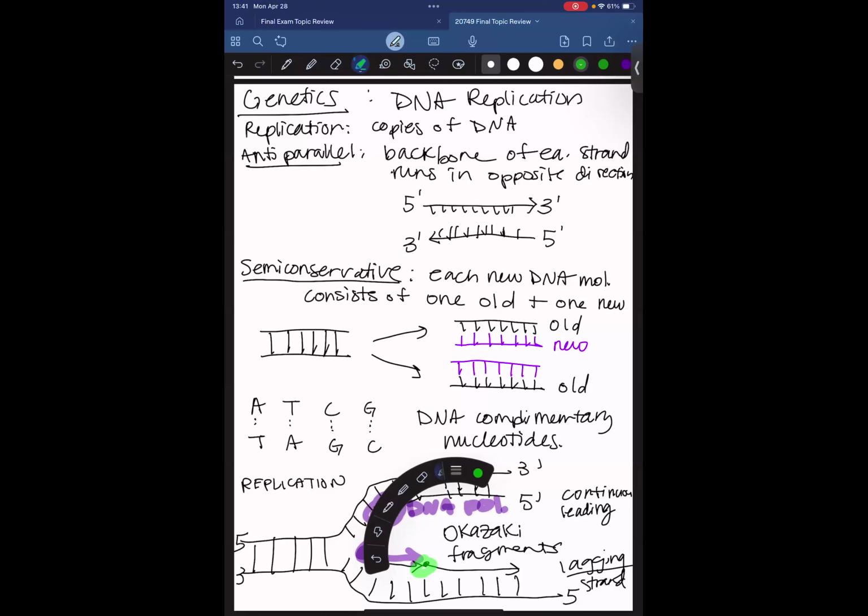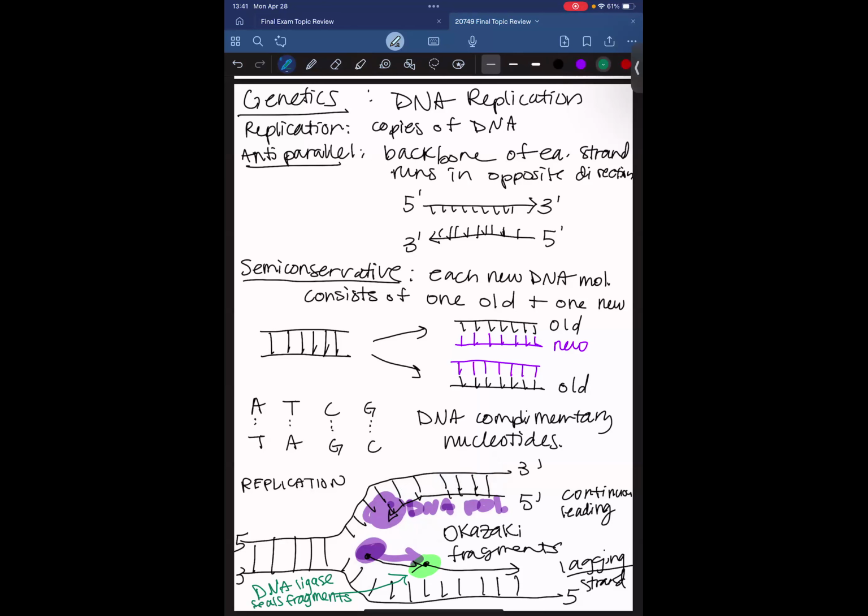What enzyme does that? Do you guys remember what it's called? This is called DNA ligase. It seals the Okazaki fragments together so that it's one continuous strand.